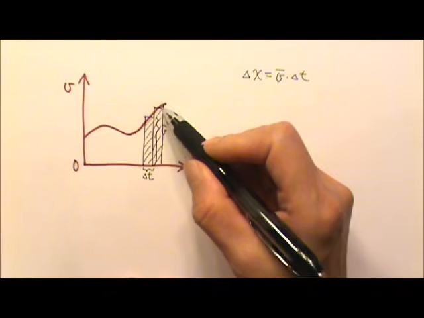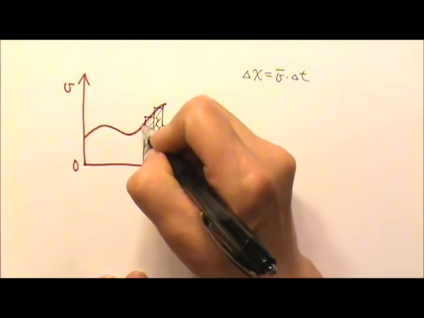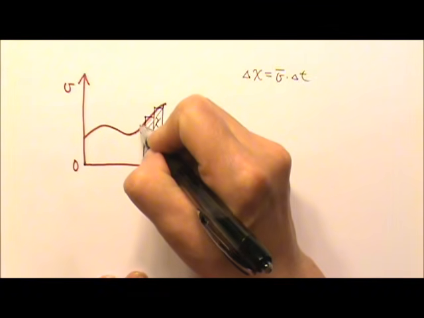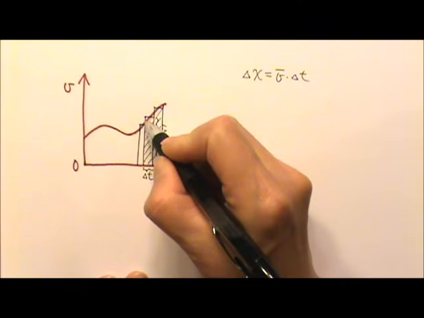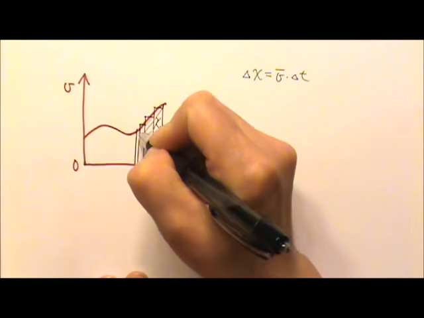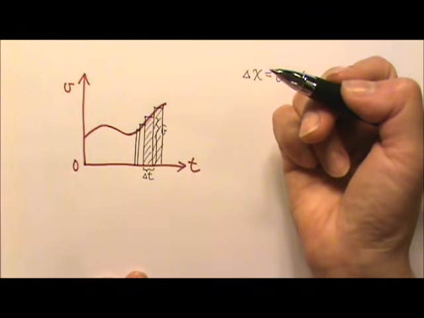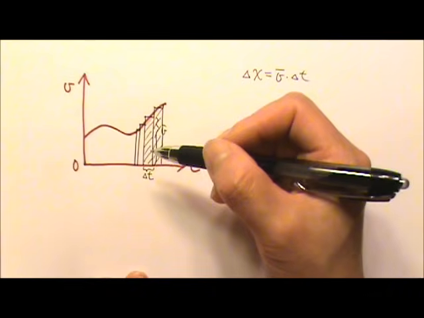Now, of course, this is not quite so accurate. To make it more accurate, what we can do is chop the rectangles into thinner pieces. Then you get a better approximation. And if you make them even thinner, it's getting even closer. If you make them extremely thin, it's going to be pretty accurate.